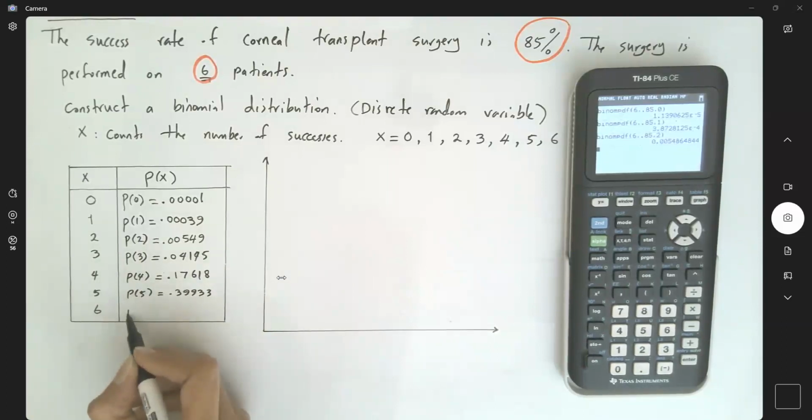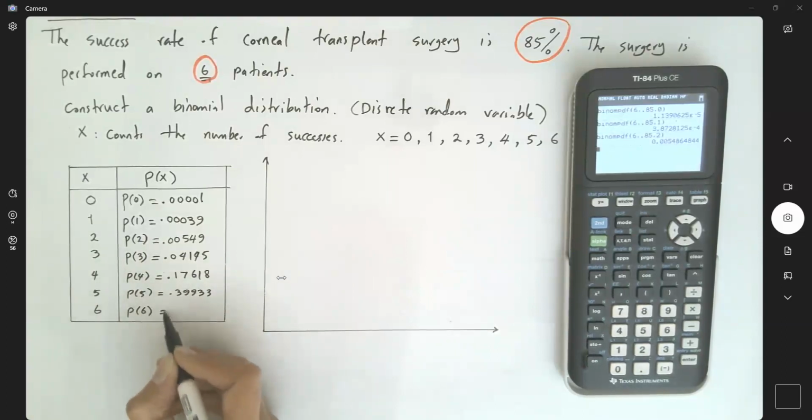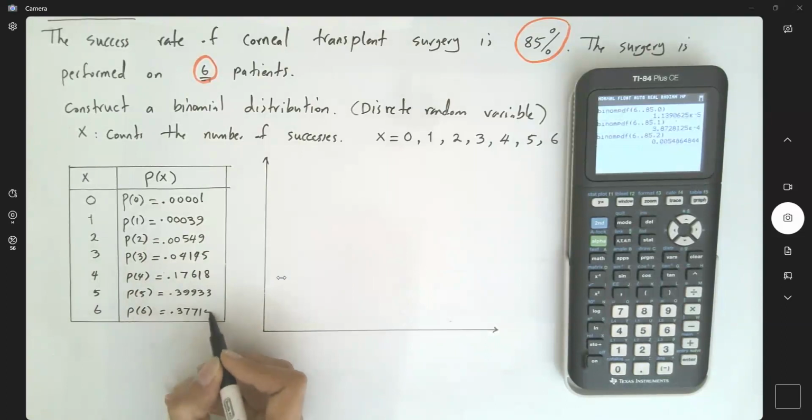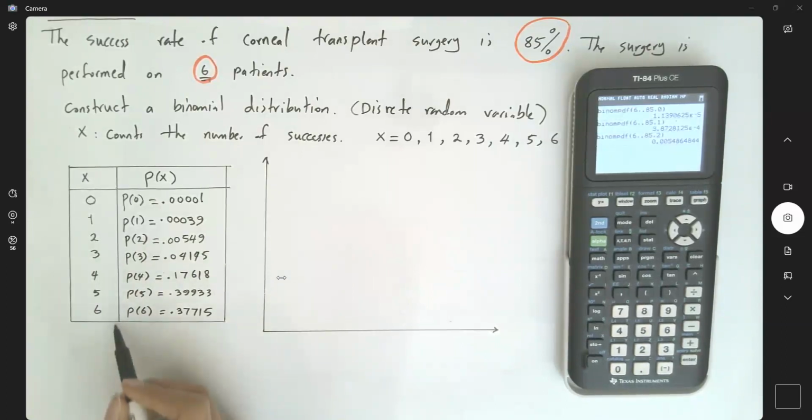And finally, the probability that we have 6 successful surgeries is going to be 0.37715. Please note that if you add all of these probabilities together, it must equal 100% or 1.